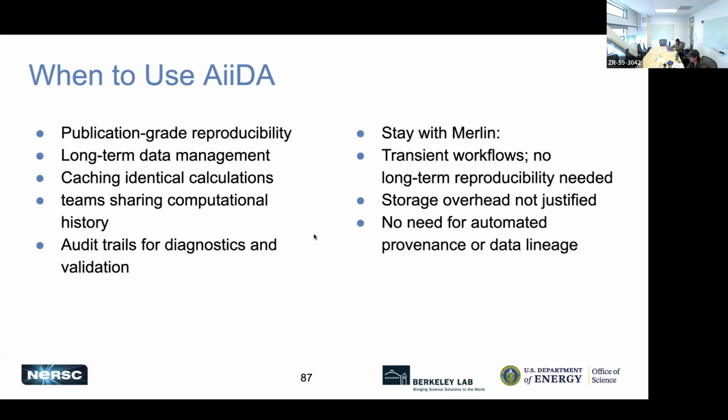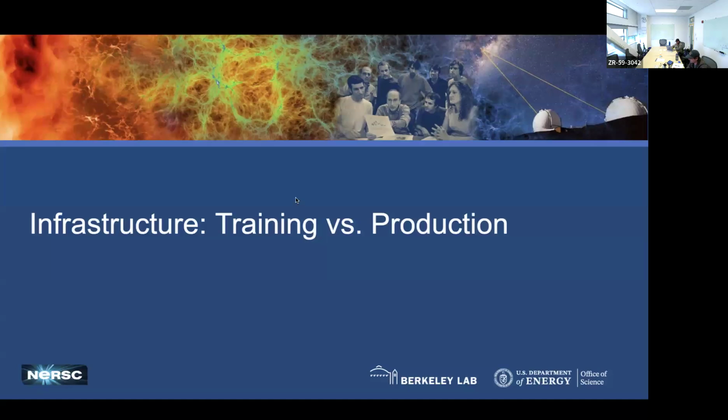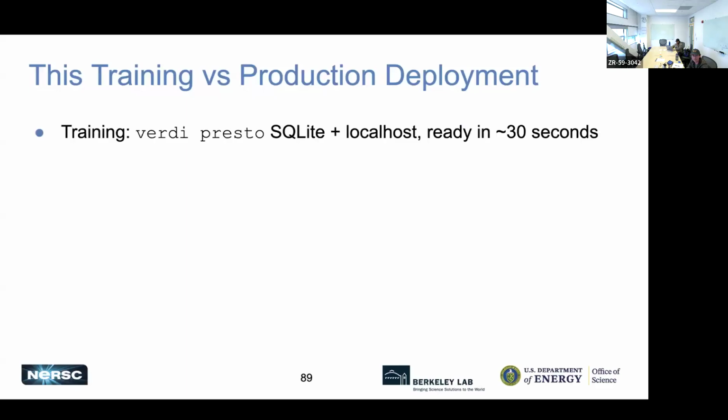All right, and some discussion of the training examples that we're going to use now versus how you would do this in production for real. So this verdi presto command line interface that is described in the example documentation is using SQLite, which is a file system-based SQL interface, and localhost.